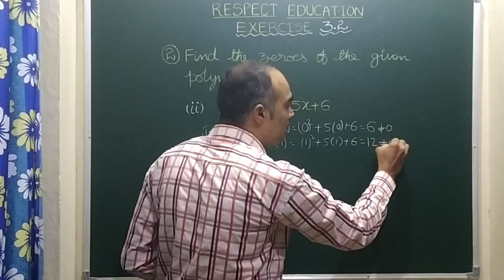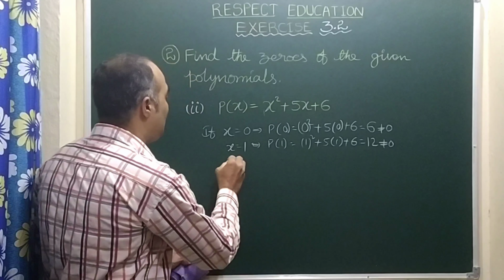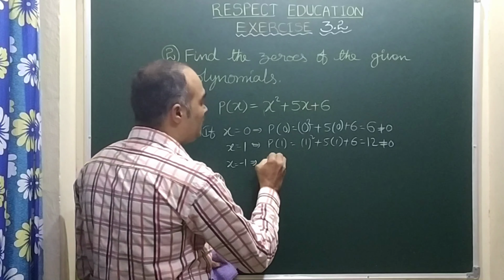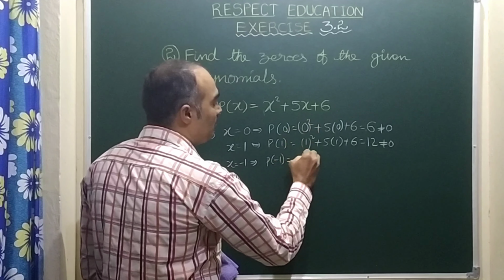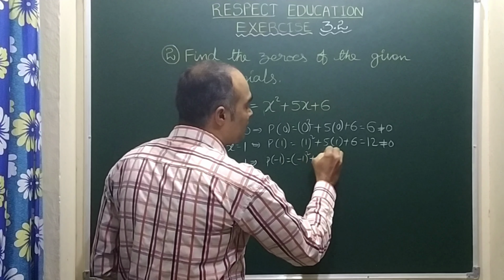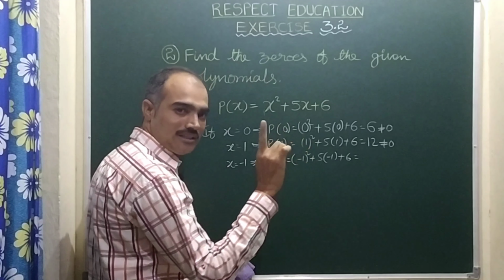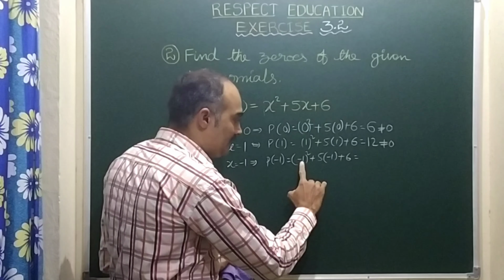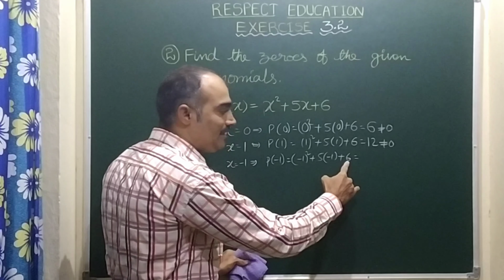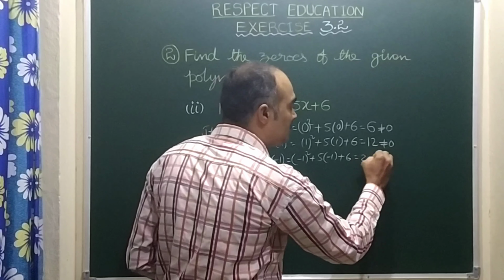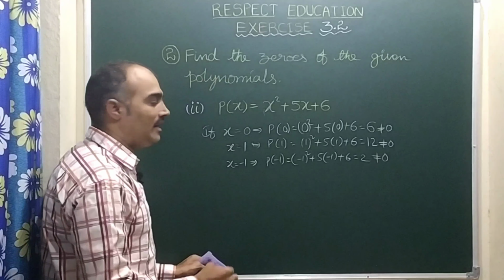Now let us substitute minus 1 in place of x, right? So p of minus 1 becomes minus 1 whole square plus 5 into minus 1 plus 6. Minus 1 whole square is plus 1, so this is 1 minus 5 plus 6. 1 plus 6 is 7, 7 minus 5 is 2. This is also non-zero, right?